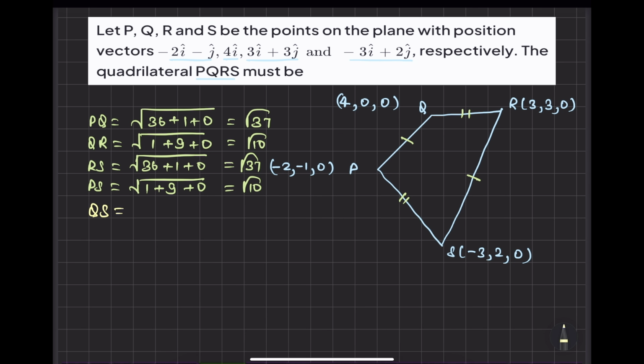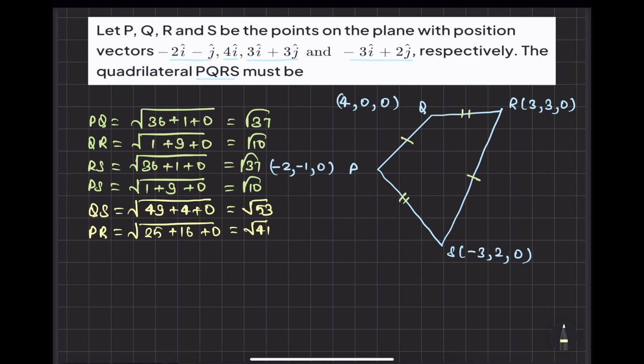So we will go with QS. Look at this QS. 4 minus minus 3 is 7, 7 square is 49, and then 4, and then 0. So we got root 53. Then PR. PR is 3 minus minus 2, 5, 25. 3 minus minus 1, 4, 16, and then 0. So it is root 41.